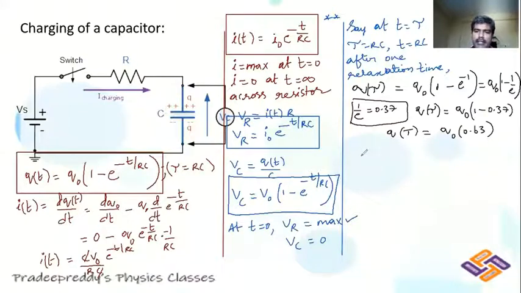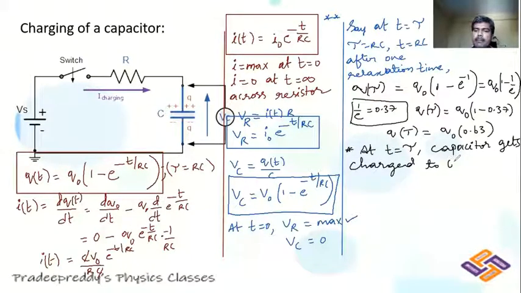It means that at t is equal to tau, the capacitor gets charged to 63% of its final value. Remember that.